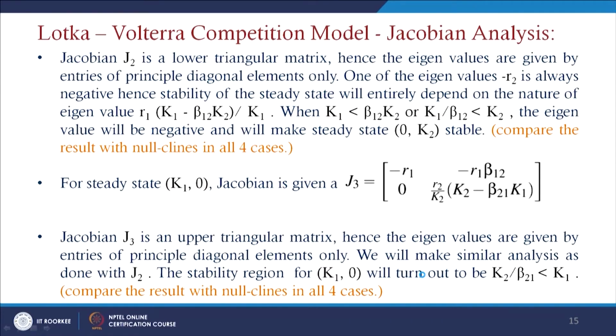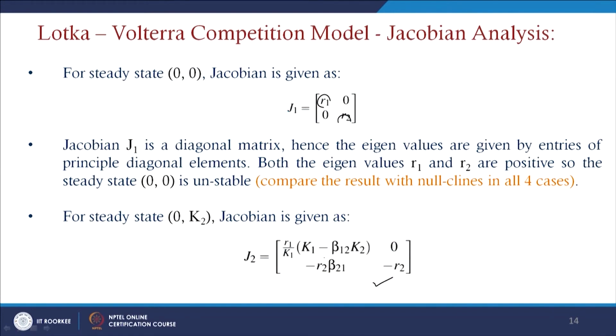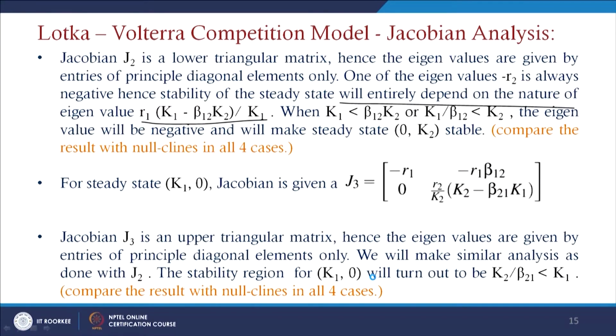One eigenvalue, minus r2, is always negative, hence the stability of the steady state depends entirely on the nature of the eigenvalue r1 into (k1 minus beta 1 2 k2). If we assume k1 is less than beta 1 2 k2, or k1 by beta 1 2 less than k2, the eigenvalue will be negative and will make the steady state 0 k2 stable. This means we are comparing both these methods for this Lotka Volterra competition model.